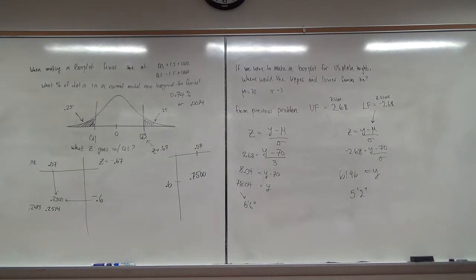So according to our normal model, US males who are taller than 6'6" or shorter than 5'2" might be considered outliers if we were to make a box plot and use the rules for upper and lower fences.